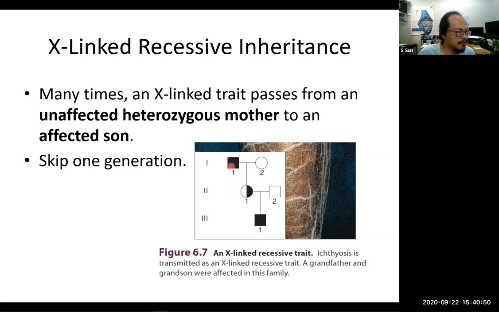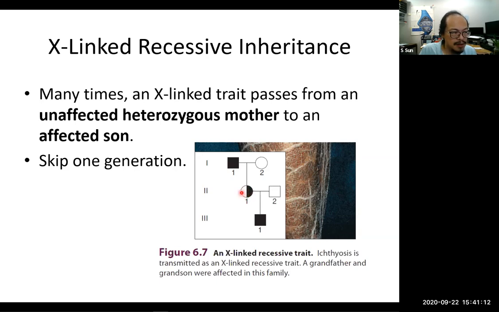Here is the male, the female. If the grandfather has it, he will pass it on to the daughter, right? This is not a fatal disease, so it may still give birth to the mother, the daughters.